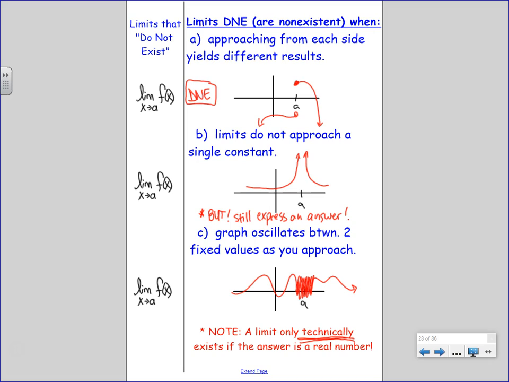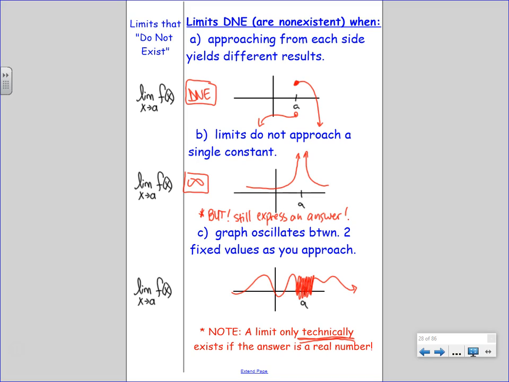Letter B. The limit technically, look at the technicality down below, the limit technically doesn't exist because are the functions headed to a constant? No, where are they headed? Now, do they agree on the approach to infinity? Yes, so I can still express the answer, and the AP guys express an answer, but we would say that it's a technicality.